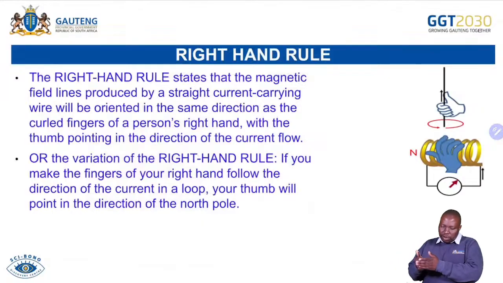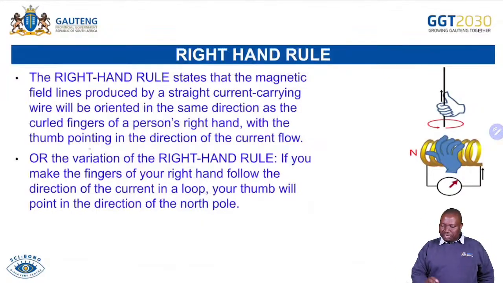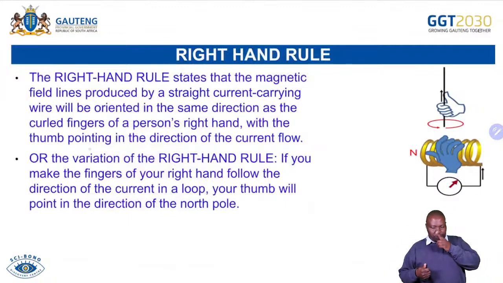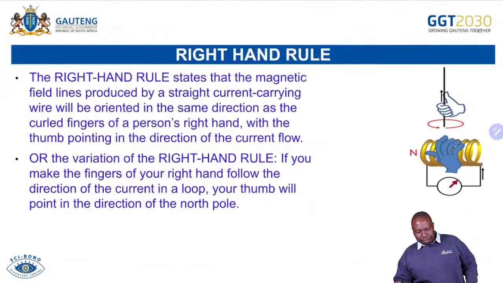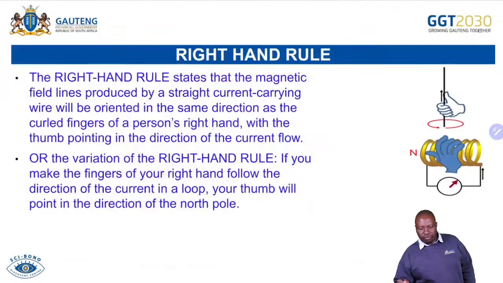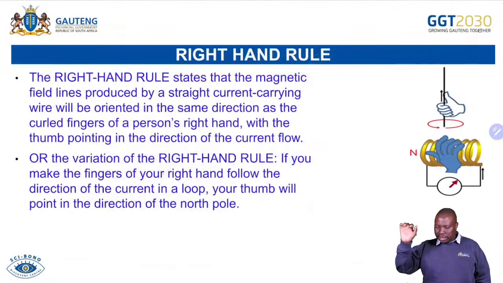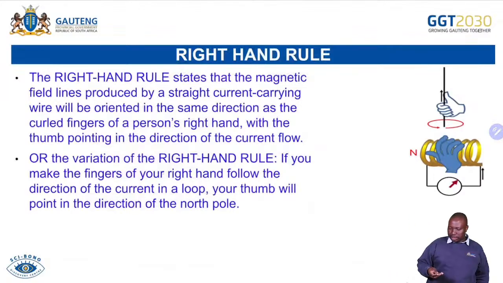And then the thumb points in the direction of current flow. If you make the fingers of your right hand follow the direction of the current in a loop, your thumb will point in the direction of the North Pole. So your thumb like that is showing you where the North Pole is.